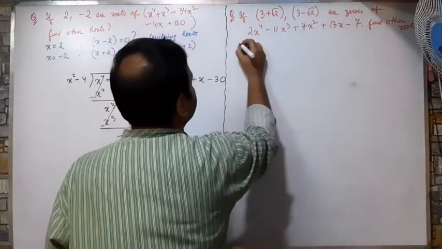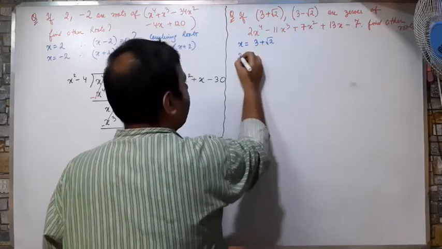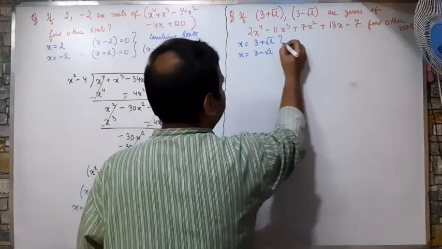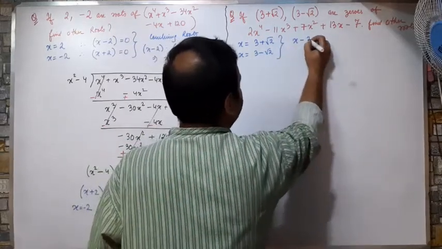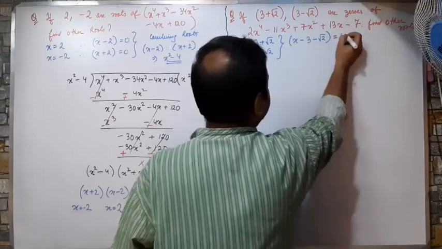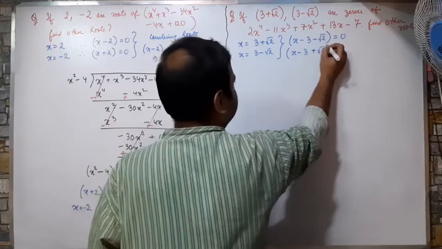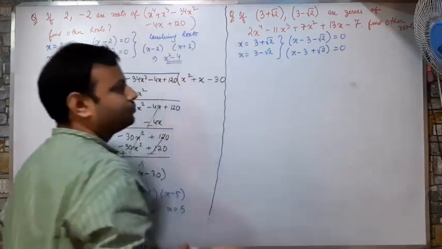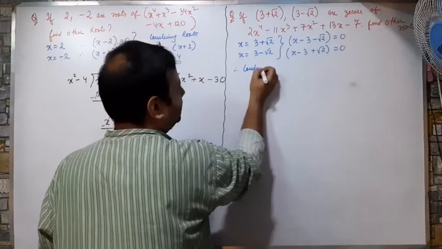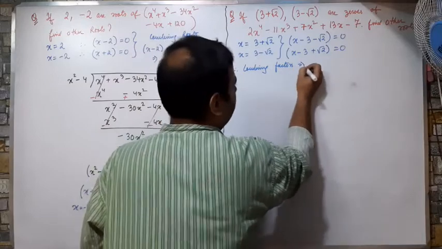The roots are given as x equals to 3 plus √2 and x equals to 3 minus √2. So I will get here x minus 3 minus √2 equals to 0, x minus 3 plus √2 equal to 0. We got the two. So therefore combining the factors or combining the roots, what am I getting?